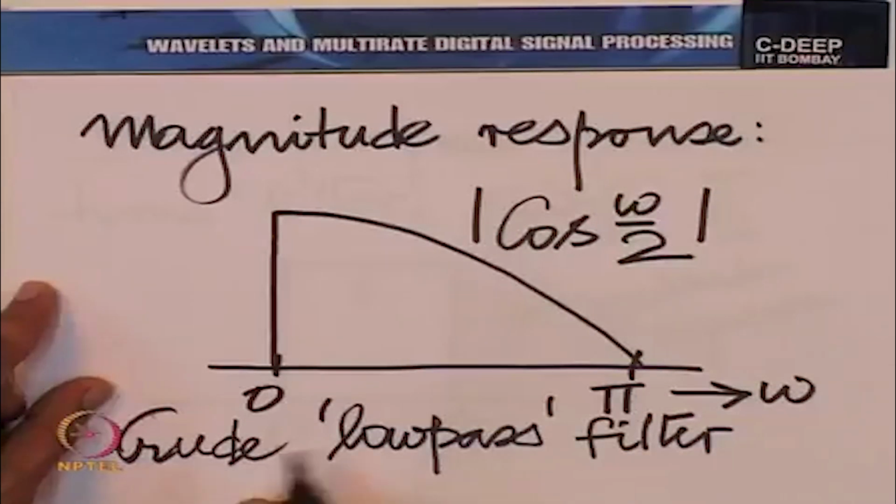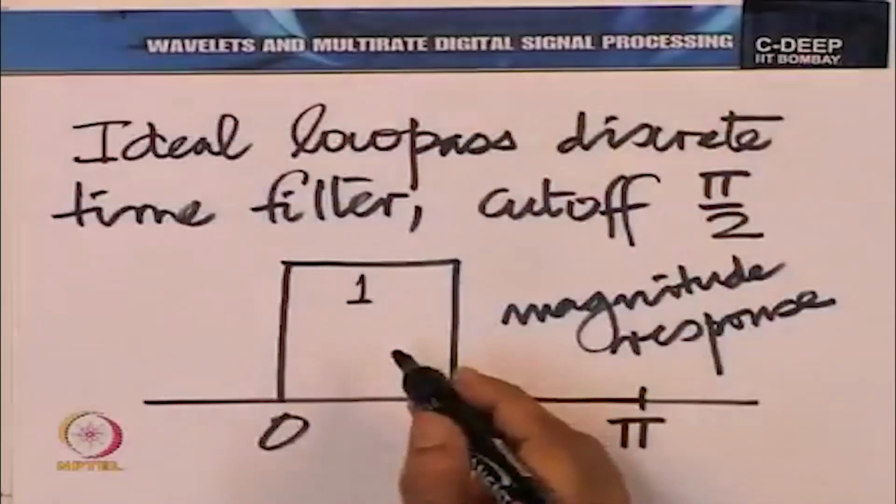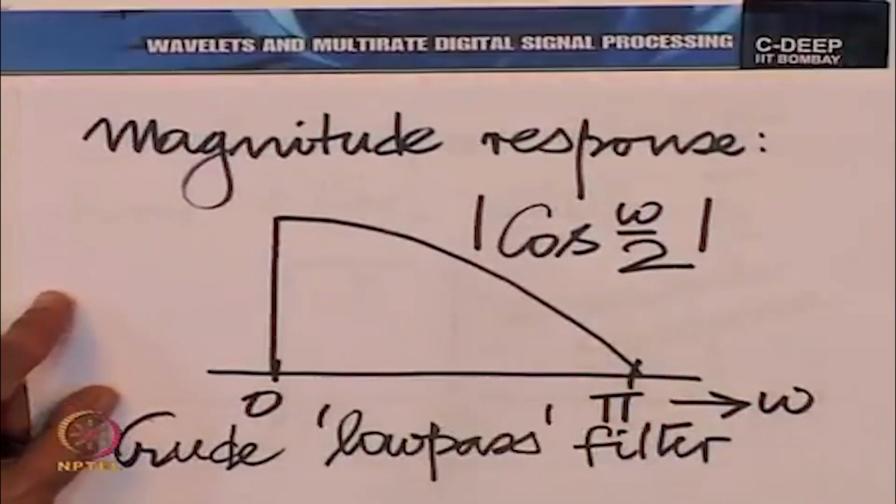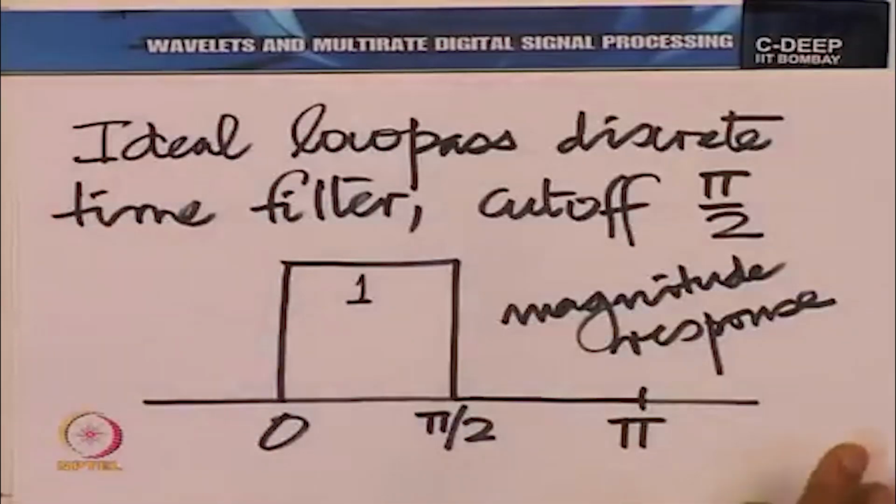Please remember, this is the ideal towards which we are striving, and this is where we have reached, in some sense, with this very simple Haar multi-resolution analysis or Haar filter bank. We shall understand this even better when we look at the magnitude response of the high pass or the other filter in the filter bank.